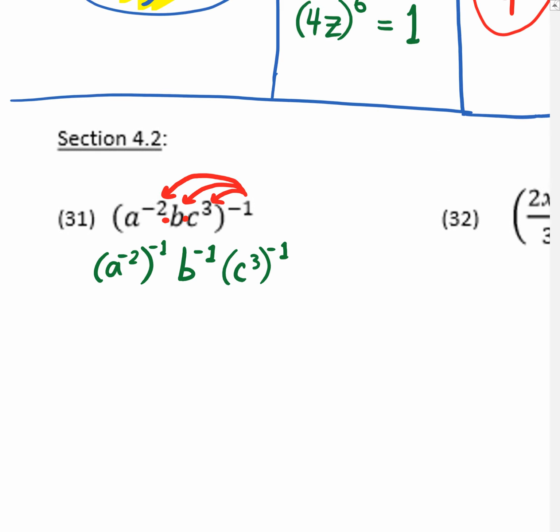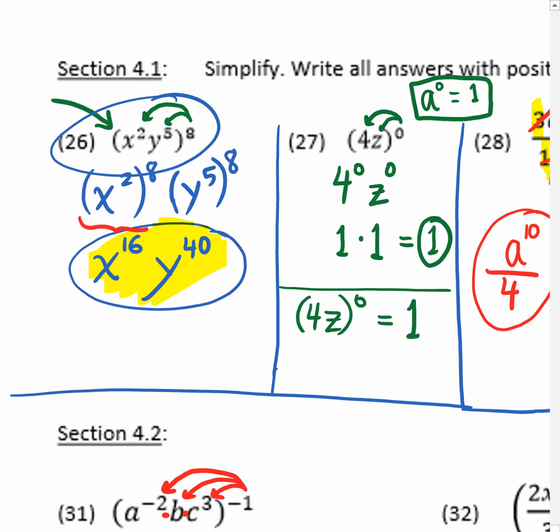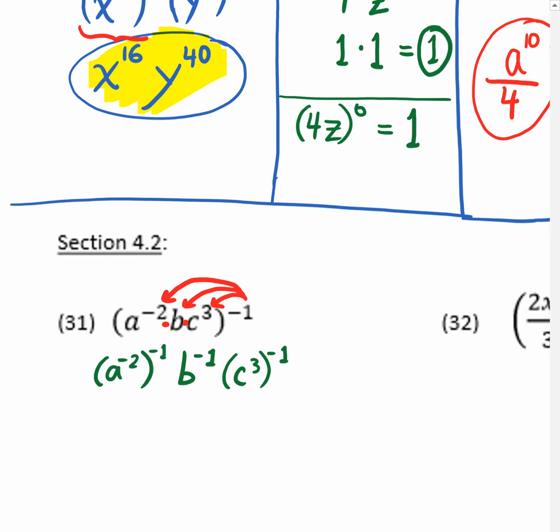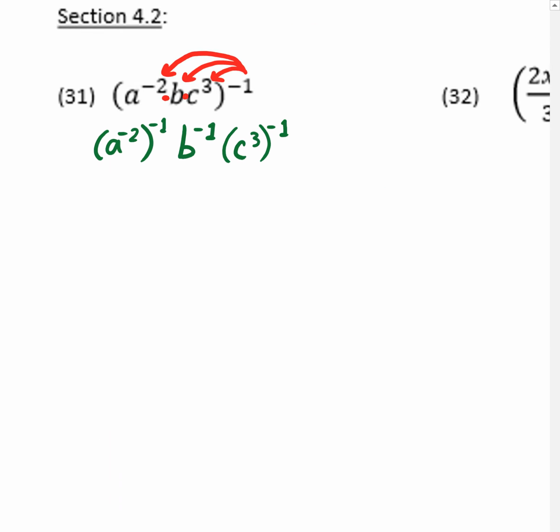And just like number 26, now we multiply powers. If you see a power to a power, they're multiplied. So for A, I have negative 2 times negative 1, that's positive 2. B only had one exponent, so it doesn't need to be simplified yet. C has a power of 3 times negative 1, that's negative 3.